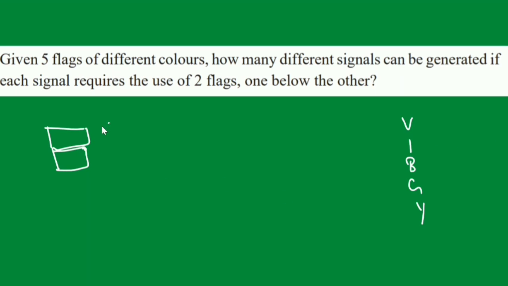So there are 5 ways. What about the second place? I cannot use the same color because they ask you to use 2 flags. I cannot use the same color again. How many choices will be here? This will be 4. First place can be filled in 5 ways, that is one of these 5 colors. Second place 4, so the total number will be 20.